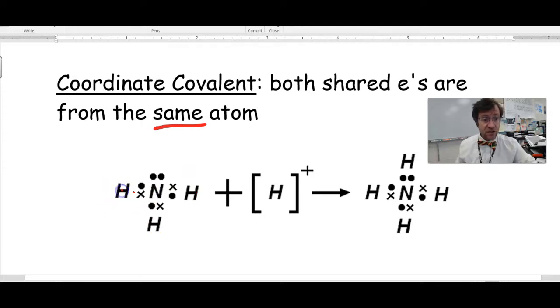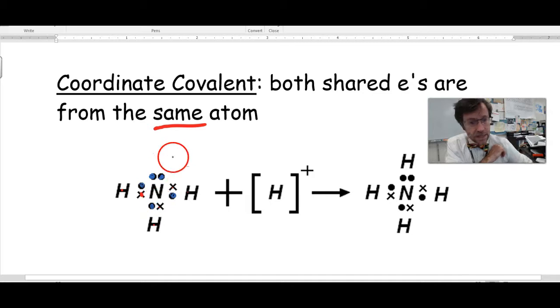So this hydrogen here has an X, and that hydrogen has an X, and that hydrogen has an X. Those are the electrons from the hydrogen, marked with an X just so we can see that they're different. And our nitrogen has 1, 2, 3, 4, 5 valence electrons. The dots, the blue dots, are from the nitrogen.